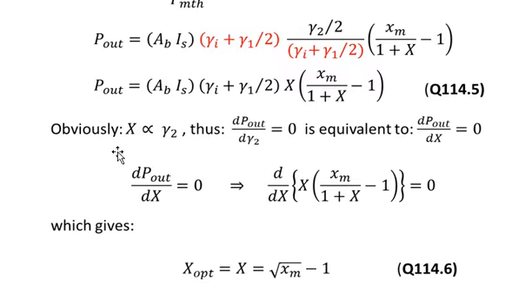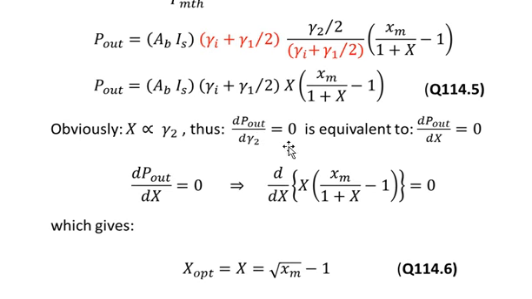Which also implies that the derivative of P out with respect to gamma 2, which we want to set equal to 0 in order to optimize the output power with respect to gamma 2. For that, we have to take the derivative dP out over d gamma 2, and set this derivative equal to 0, so that we can find the optimum value of P out.